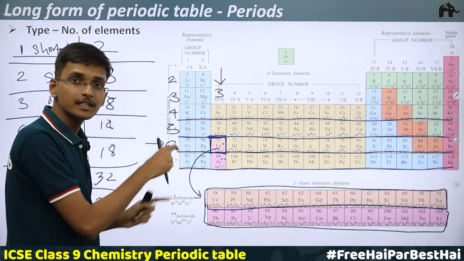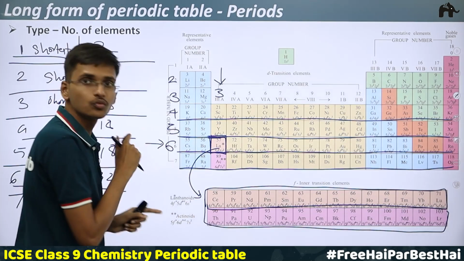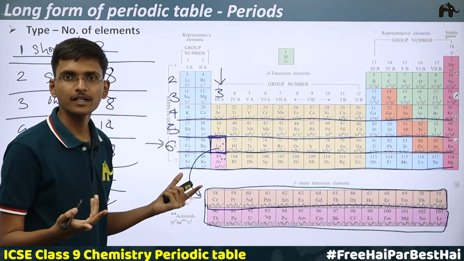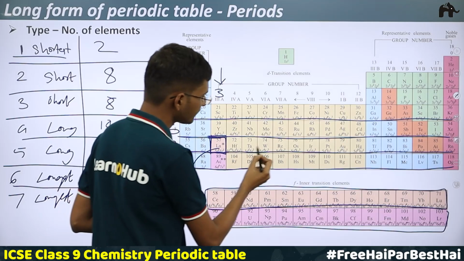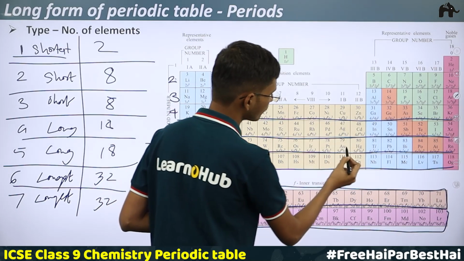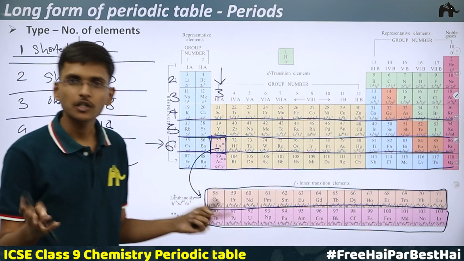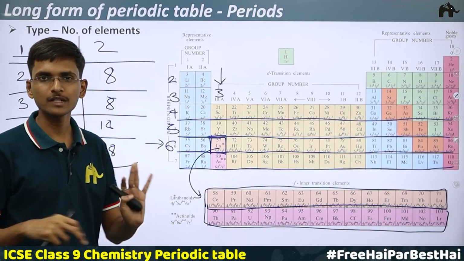So if you now count, these are 2 elements, 3, then this 14, so 14 plus 3 is 17, correct, and then 18, 19, 20, 21, 22, 23, 24, 25, 26, 27, 28, 29, 30, 31, 32. Now you got the point, how there are 32 elements.